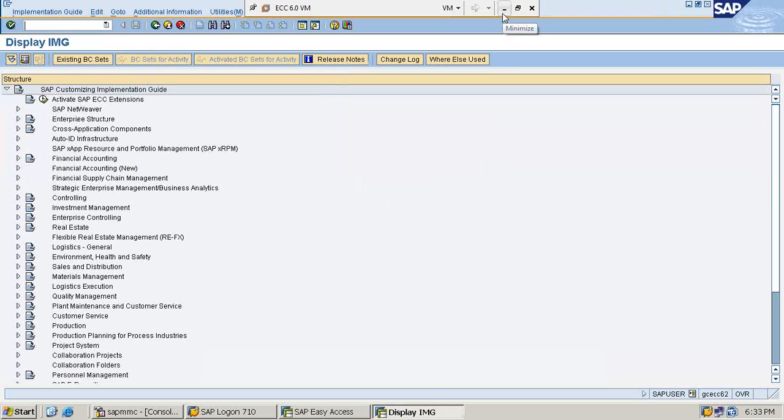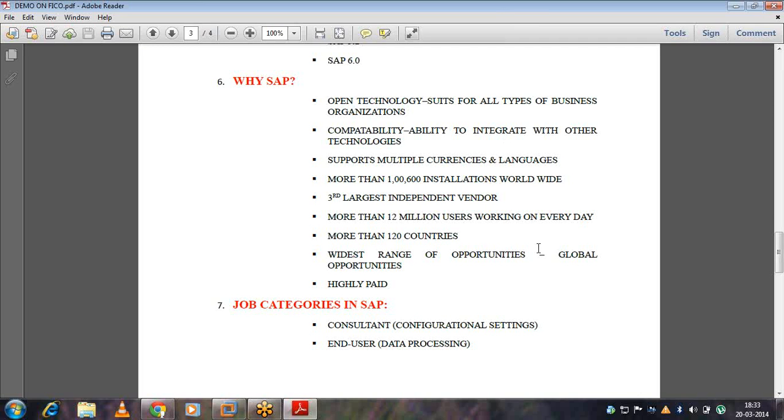Can I ask a question about IMG? Can a manager go in as a normal person? Correct, only consultants can go into IMG. End users cannot use the IMG screen. They will not have authorization to enter into the screen. Okay.